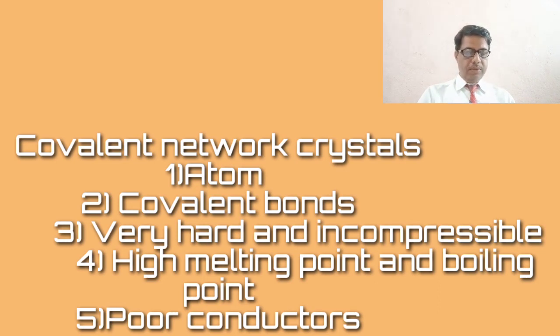And last one, due to localization of electrons in fixed positions in the covalent structure, they are poor conductors of heat and electricity. Simple examples: diamond, quartz, boron nitride, carborundum are covalent network solids. So this is the second point.